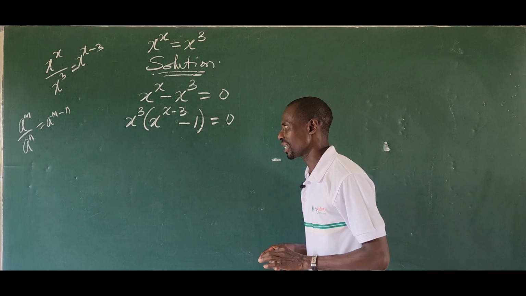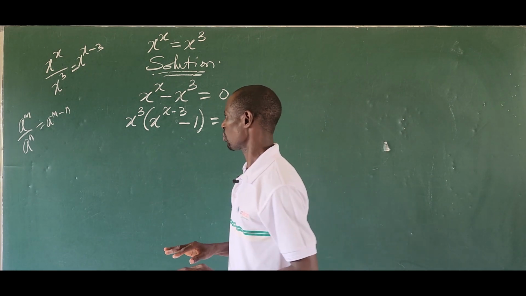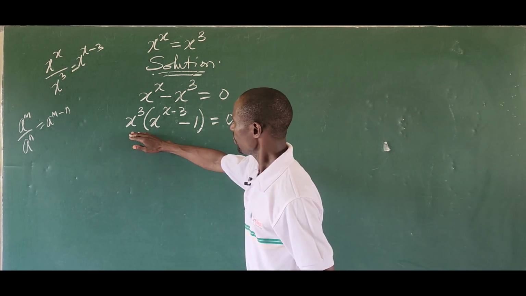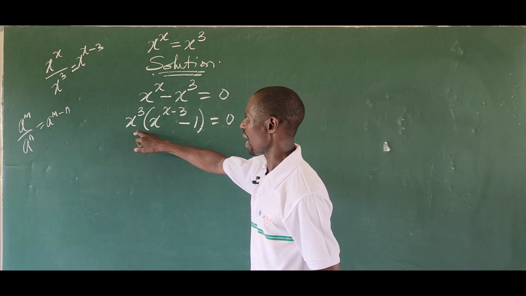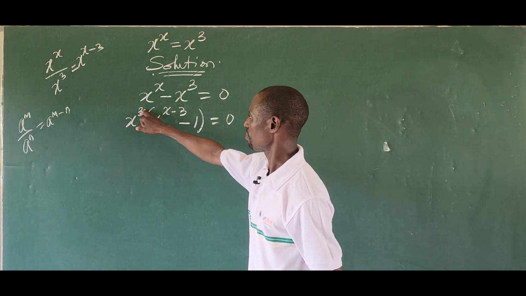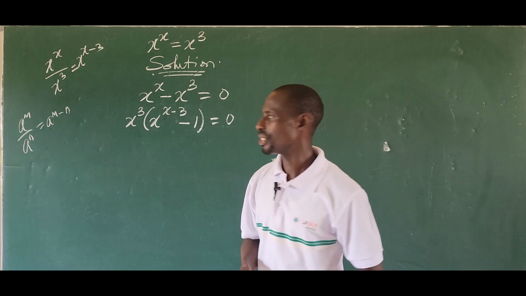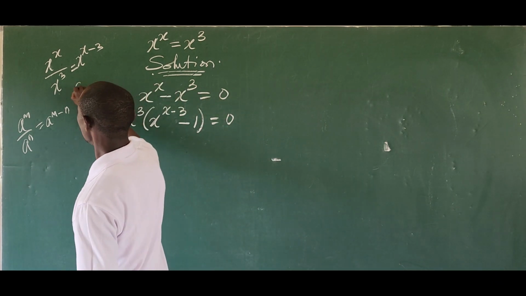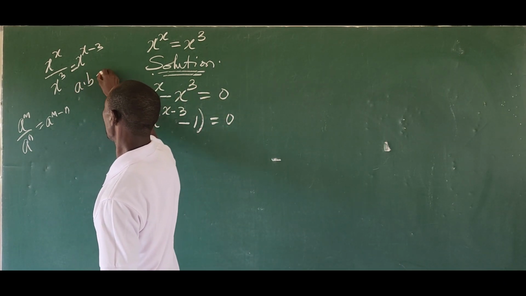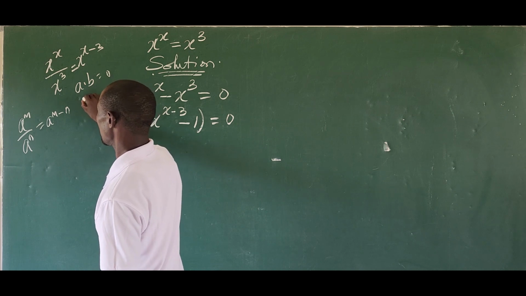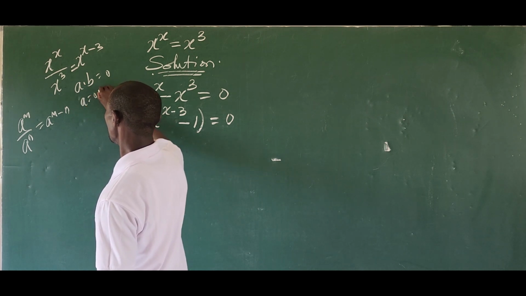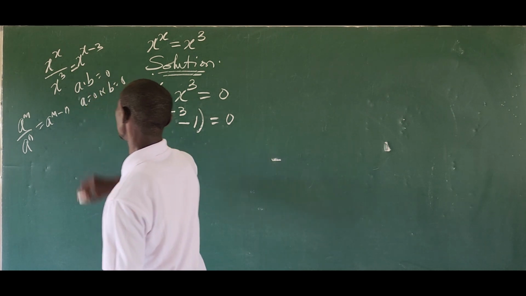Easy, right? Good. So at this point, if you look at this carefully, we are having x to the power of 3 times everything here equal to 0. So we apply the rule which says that if you have a times b equal to 0, it simply means that a is equal to 0 or b is equal to 0.